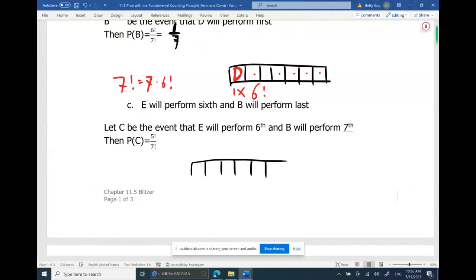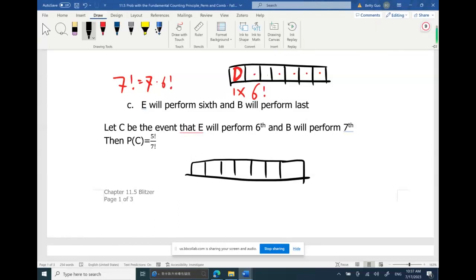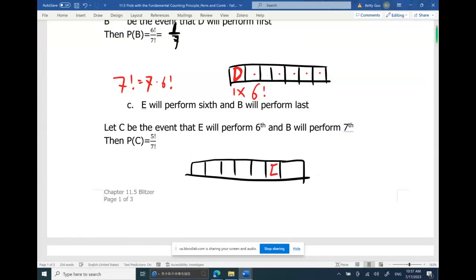Slots 1, 2, 3, 4, 5, 6, 7. To make event C occur, we can do the following 3 things. The first thing, put E in the 6th time slot. Then put B in the last slot. To arrange E, we have 1 option. To arrange B, we have 1 option.